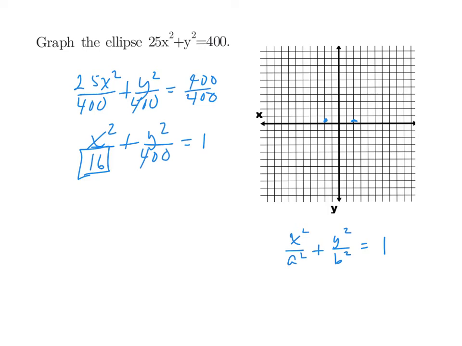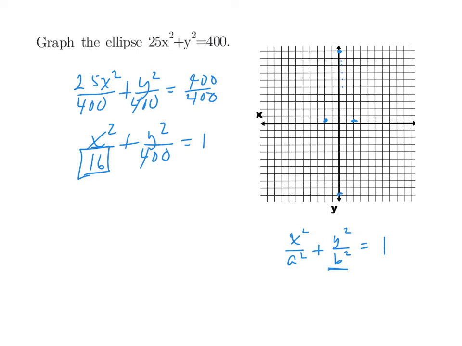And then the value associated with the y squared is 400, which means that since 20 squared is 400, we're going to go 20 on our y-axis to get our endpoint. If each of these are worth 2, then 2, 4, 6, 8, 10, 12, 14, 16, 18, 20. We've got a vertex here and then a vertex down here.